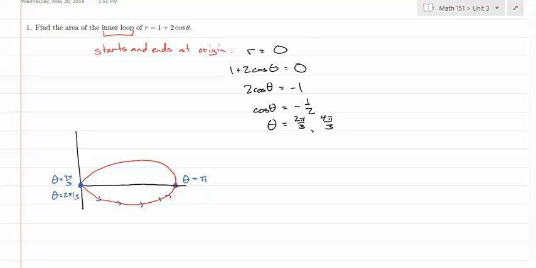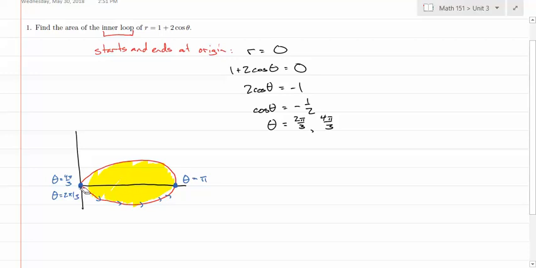That's kind of nice, because this region here is very symmetric. Of course I want the area of the whole thing. But to make it a little bit easier on myself, I'm going to realize that the bottom half is the same as the top half.